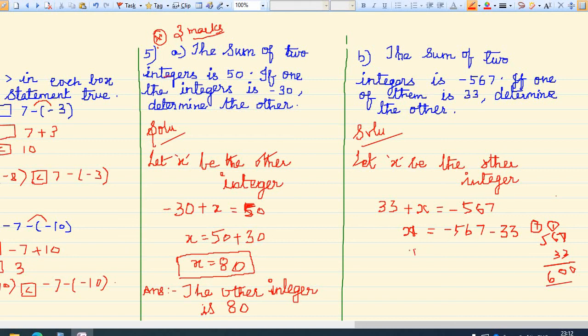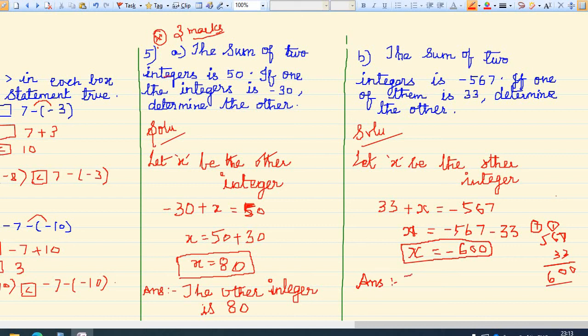So x is equal to what? X is equal to minus 600 because both are in the negative. So for that minus 600. Now I am going to write the answer for this.